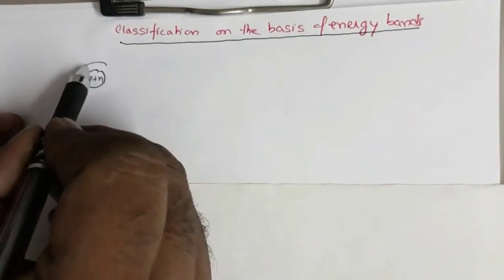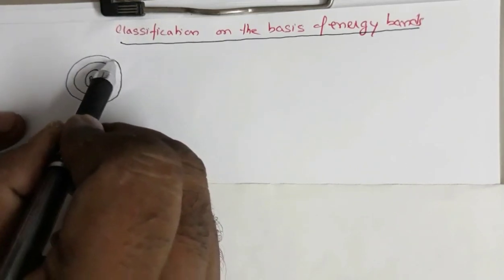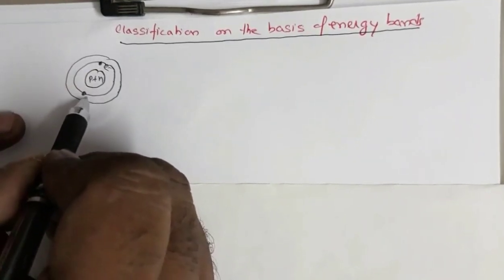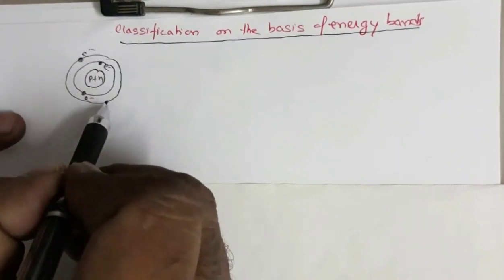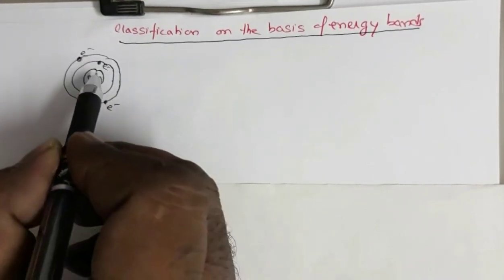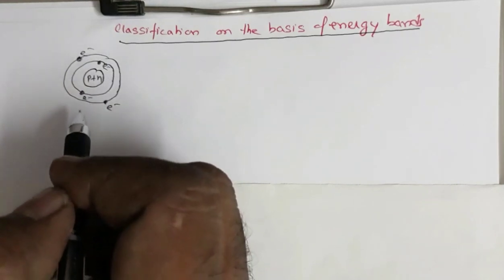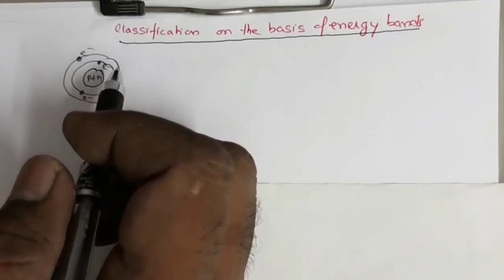Electrons are revolving in various orbits. For a single atom, the electrons are orbit dependent. On various orbits you will have different numbers of electrons.